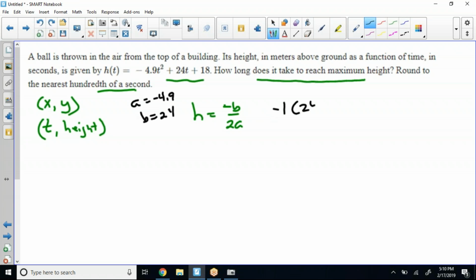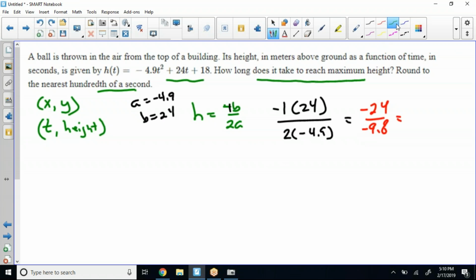So negative 1 times 24, because that's negative B, over 2 times negative 4.9. That's negative 24 over 2 times negative 4.9, which is negative 9.8.